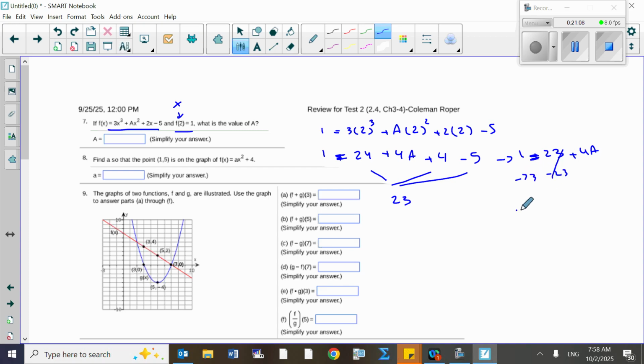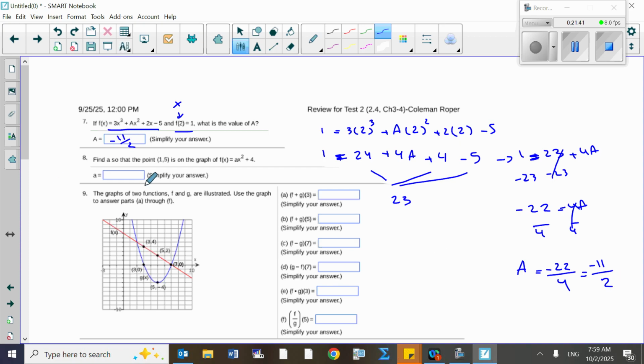So negative 23 plus 1 is negative 22, equal to 4a, and you divide by 4. So a will be negative 22 over 4, and you can simplify, divide by 2. This will be negative 11 over 2. So the answer is negative 11 over 2.